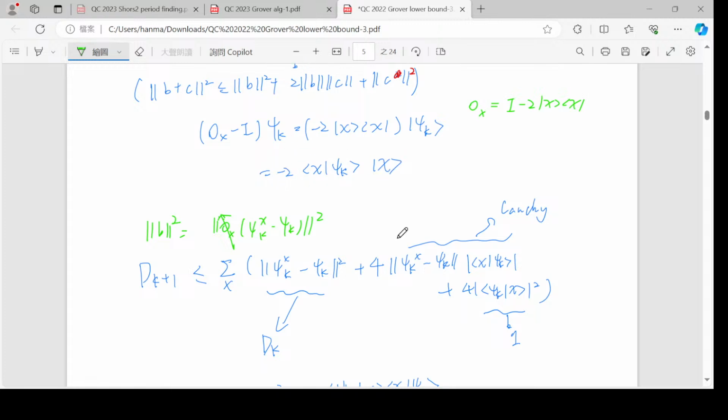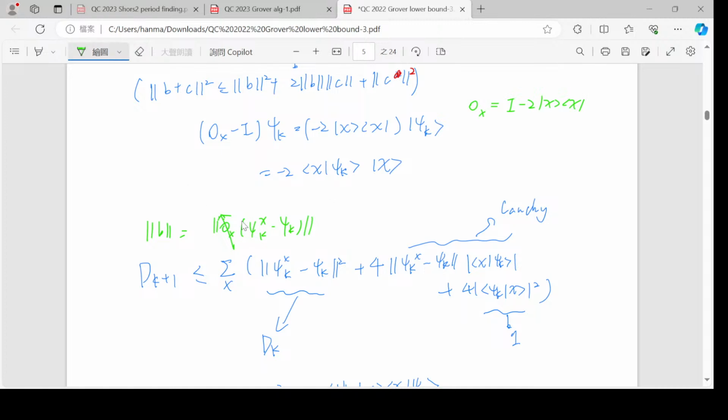So this 2 times this 2 becomes this 4 here. Here x is a normalized computational basis state, so the norm of x equals 1, and you get the extra absolute value of the inner product between x and psi_k. Actually, maybe this is better: let's write norm B is this thing.